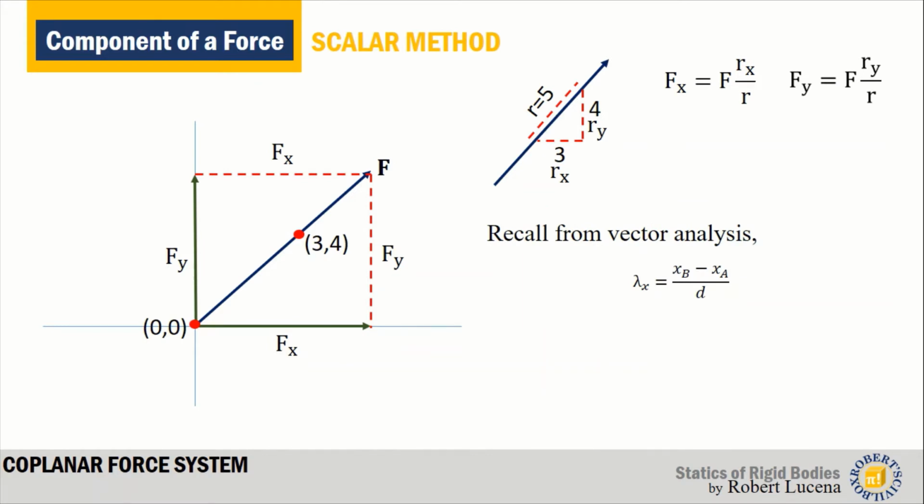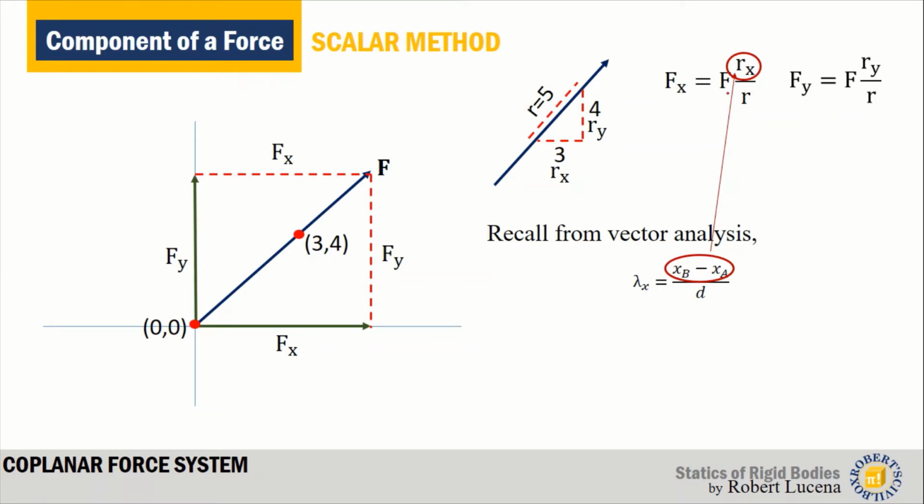We could prove that by using the unit vector. Recall from vector analysis that the direction cosine for x is equal to the displacement along the x-axis over its total length.